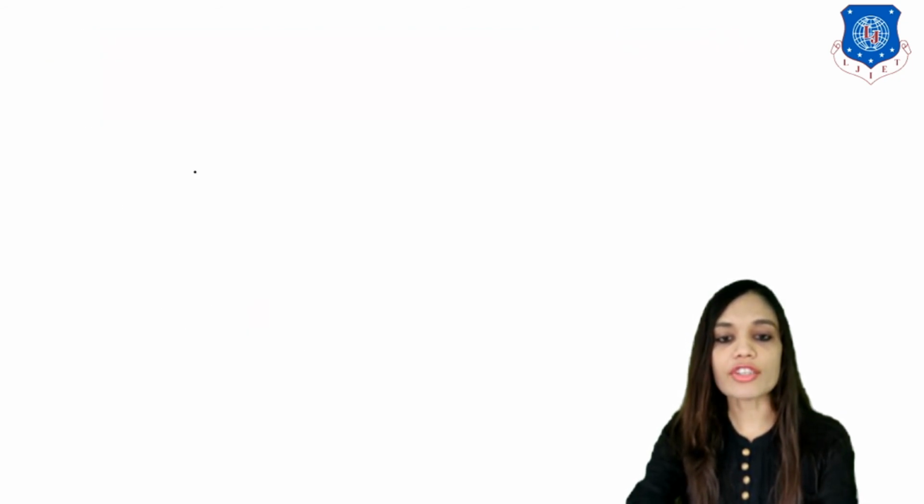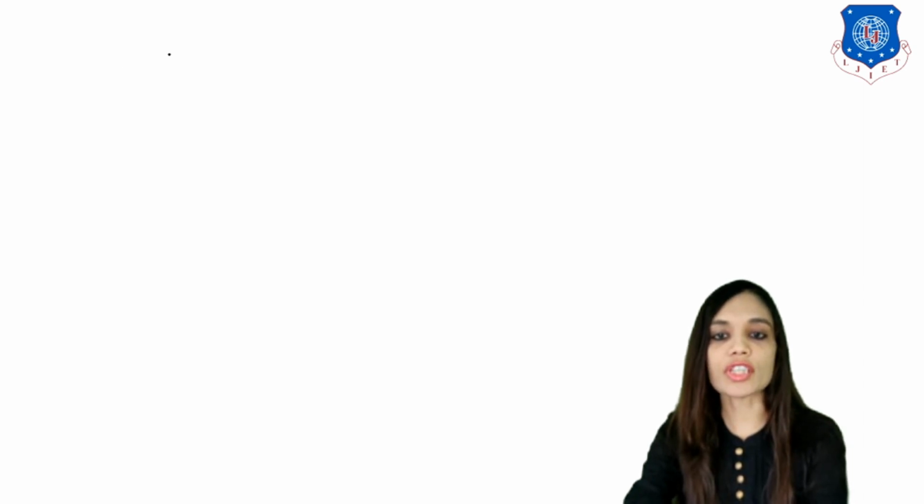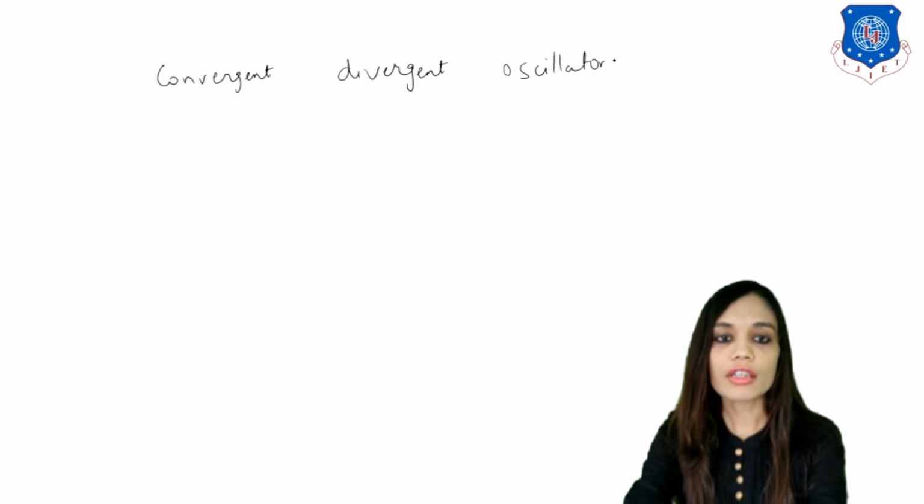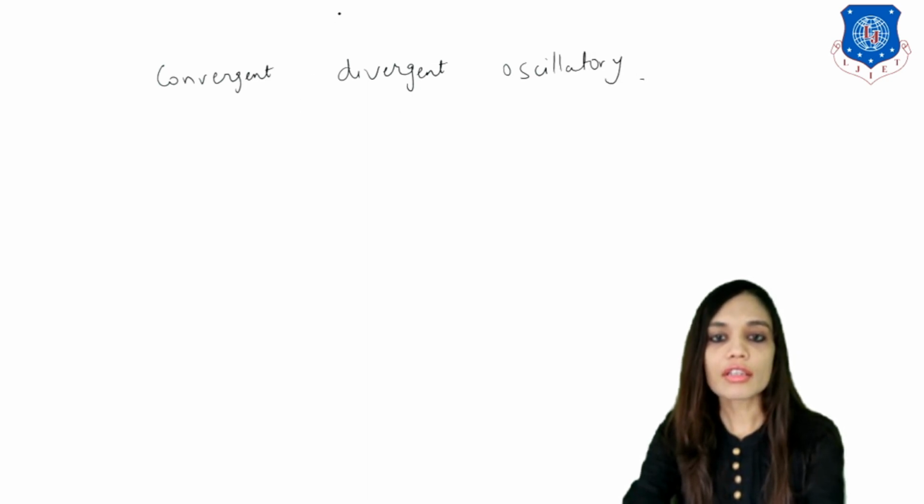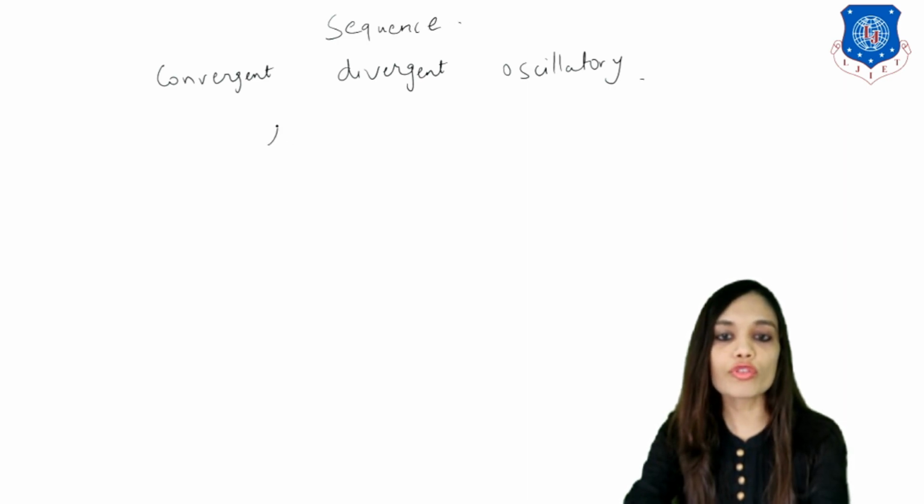So, in today's session, we have studied three types of sequences. One is convergent, next is divergent, and the last one is oscillatory sequence, right? And in these three, what we have to do? Firstly, we have to find limit n tends to infinity un.